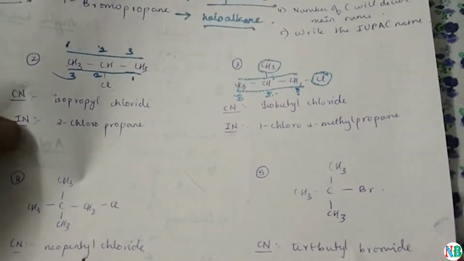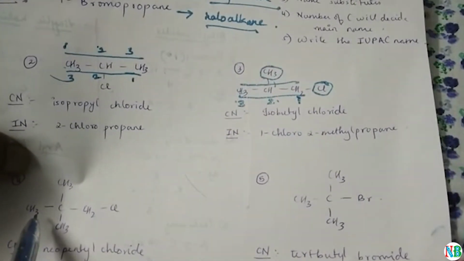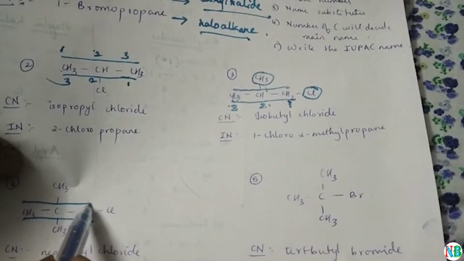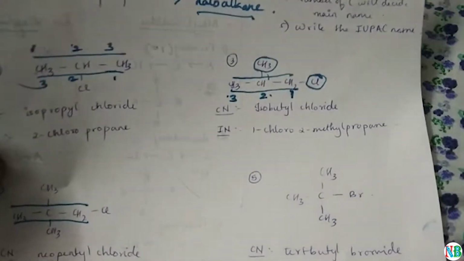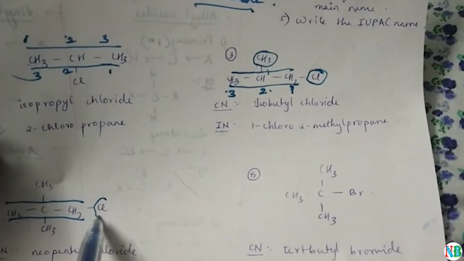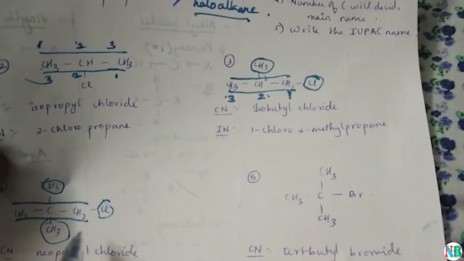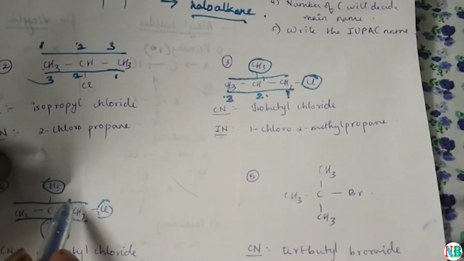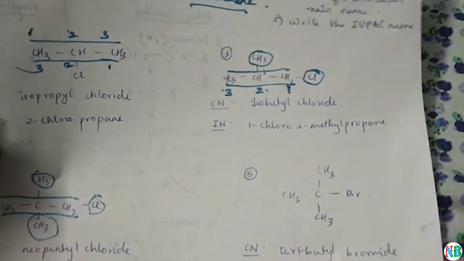While looking at the IUPAC name, we will first find the longest chain. So when I'm finding my longest chain, I will have 3 carbon atoms as my longest chain. Now numbering the chain. So like I can see here, I have 3 substituents, 1, 2 and 3. Naming them would be 1, 2, 3, because if I start from the other side, my chlorine will get number 3.